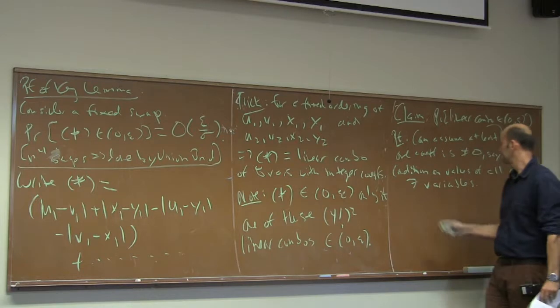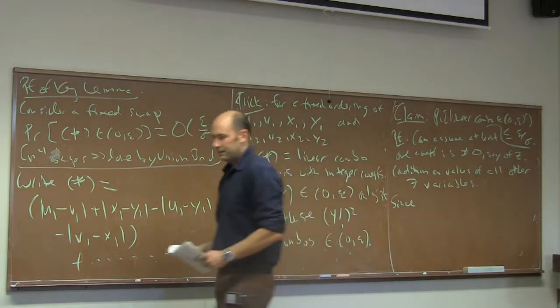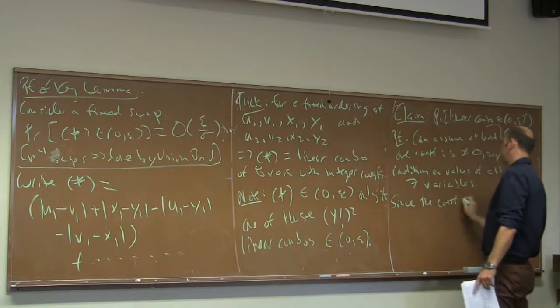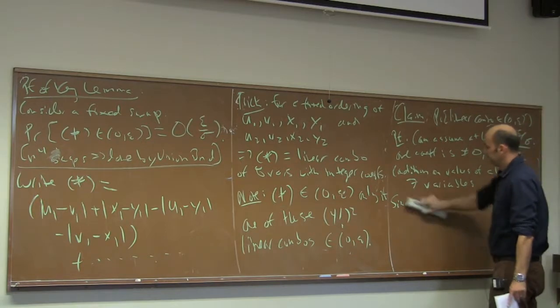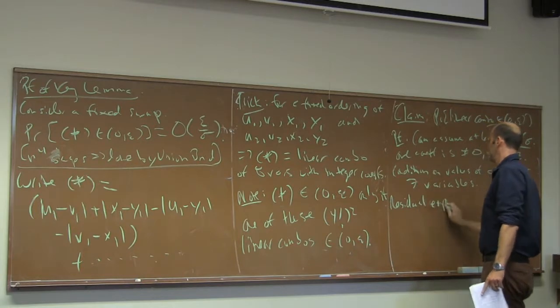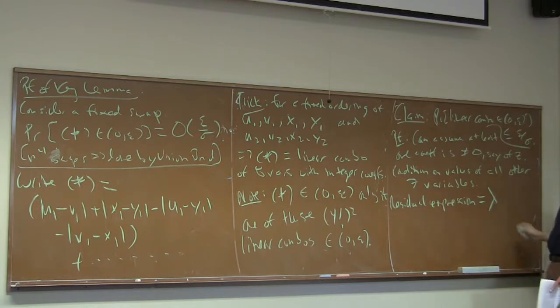Now, the residual expression after conditioning has the form lambda, some real number, plus alpha times Z, where alpha is an integer not equal to 0.